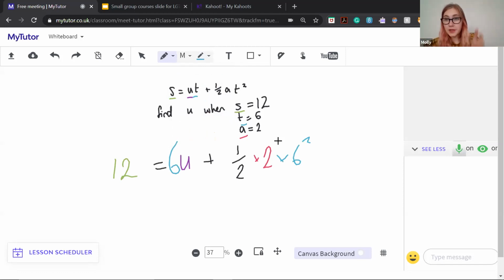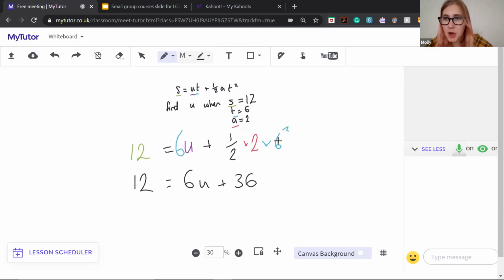You're just dropping the letters that we have, just substituting them in. And now we can simplify this for ourselves. So 12 equals 6u plus, now half times 2 is 1, times 6 squared, 36.